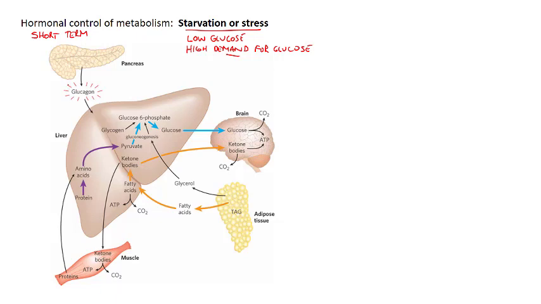In this situation, the pancreas produces a different hormone called glucagon. I know that terminology is confusing because we got all these words that start with G and have 3 syllables, but bear with me. All right, so glucagon is a separate hormone. It tells cells to release glucose and use alternate fuels.